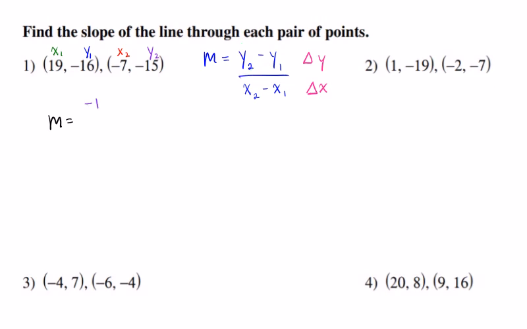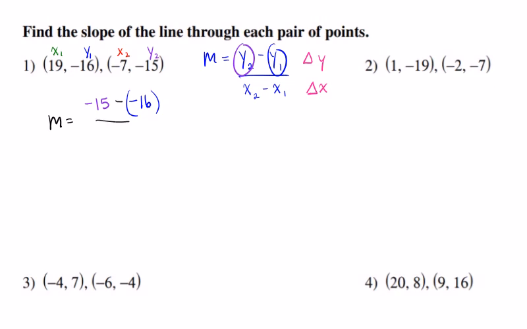So y2 is negative 15. Okay, so it's y2 minus. Notice how the minus is built into the formula, right? So this minus is here no matter what. And then I'm going to put y1, which I happen to have in blue. Okay. So y1 is negative 16. So I already had a built-in negative there, and then I'm putting negative 16 behind it.